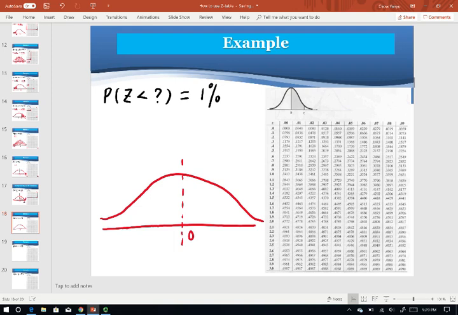Here, the z-score is smaller than which number? It will be 1%, which means it is the lowest 1%. It should be on this side. Lower than which number? It will be the 1%. And remember, the z-table is only this area, and because it's symmetric, the table value is also this area.